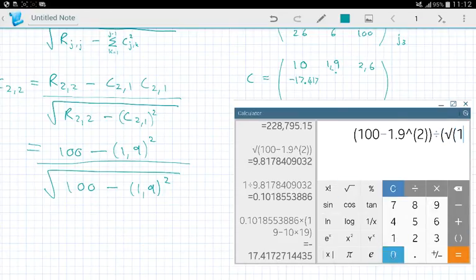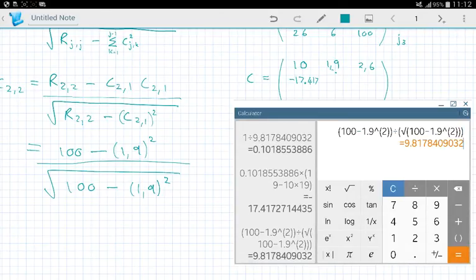Let's go 100 minus 1.9 squared. It's probably thinking this is a weird calculation. Okay, let's see. I don't know, did I even put that in the calculator correctly? I'm so used to that HP12C thing now. 100 minus 1.9 squared, divided by square root of 100.